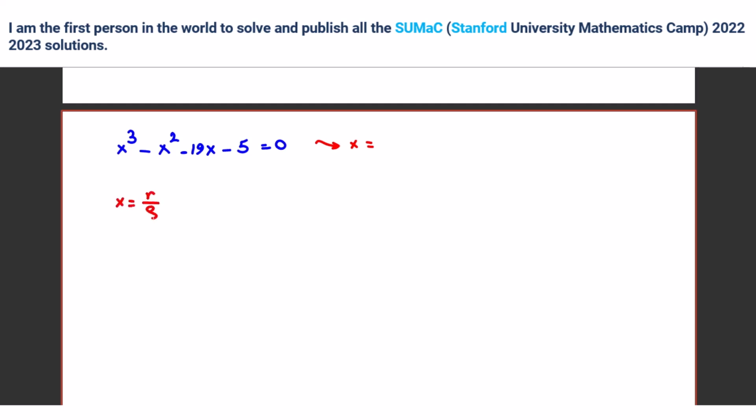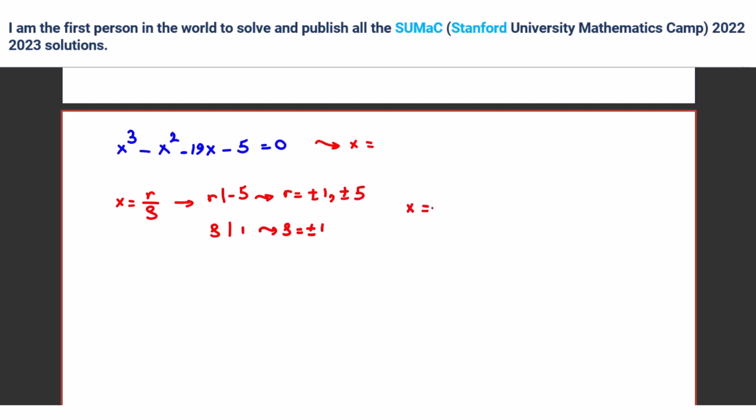If the root is r over s, r divides what, s divides what? r divides minus 5, s divides 5. So r can be plus or minus 1, plus or minus 5, and s is plus or minus 1.